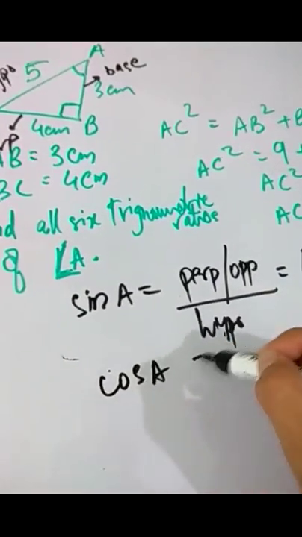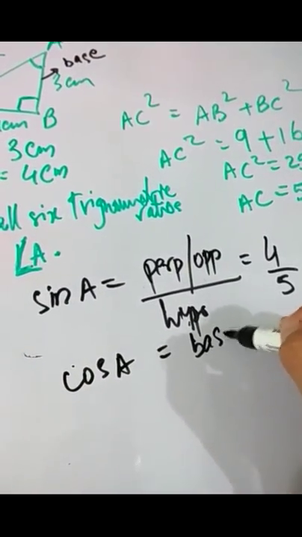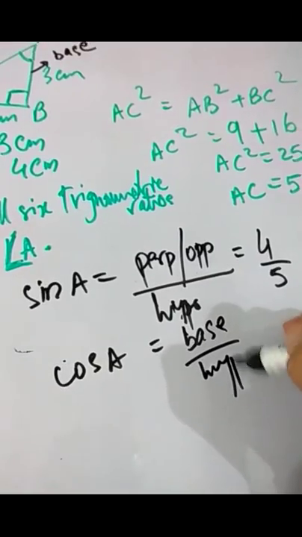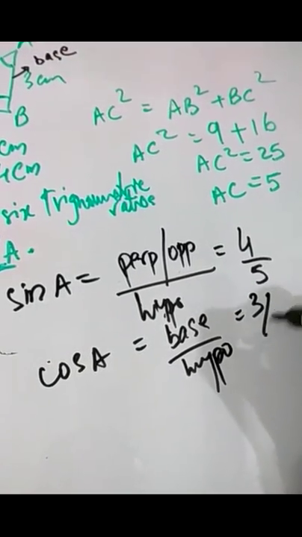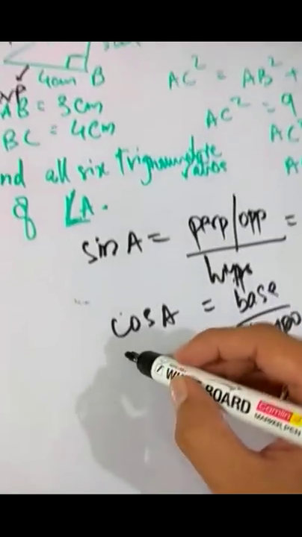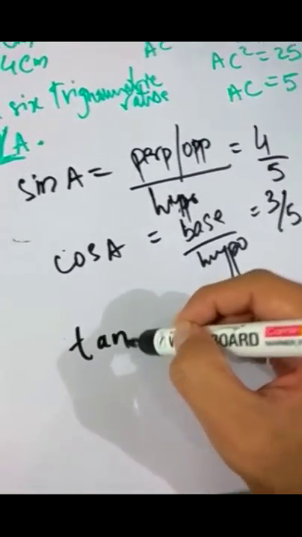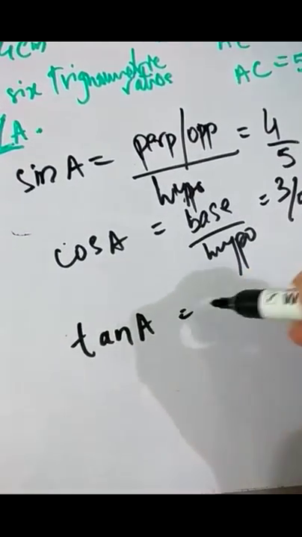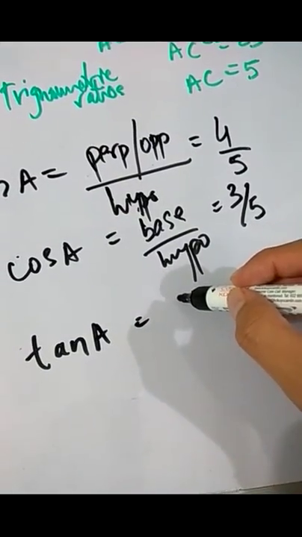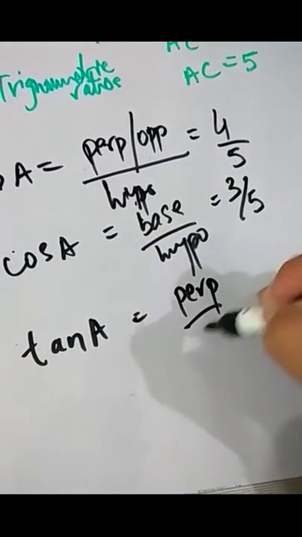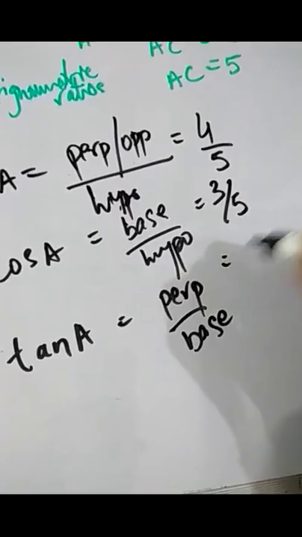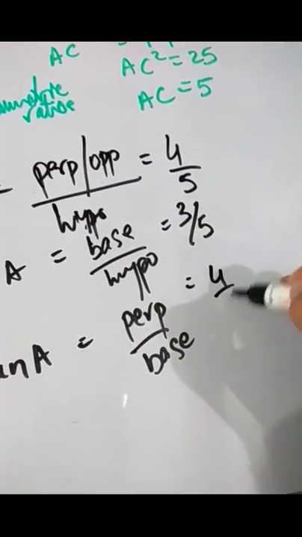Cos A, base by hypotenuse, 3 by 5. Tan A, perpendicular by base. Perpendicular is 4, base is 3, so 4 by 3.